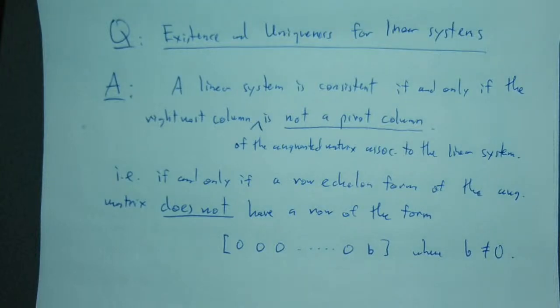Exactly. So as someone said, you can see that in the row echelon form without necessarily having to go to reduced row echelon form, because if you get this, there's no need to reduce this B to be a 1. It doesn't matter whether B is 1 or not. All that matters is that B is not 0.